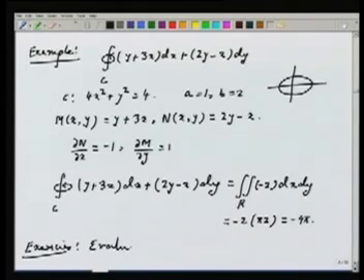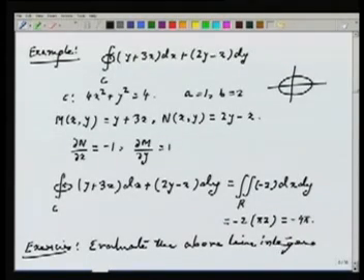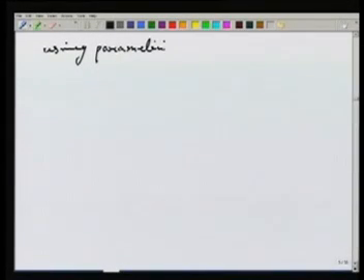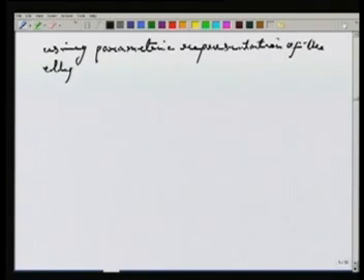Evaluate the above line integral using the parametric representation of the ellipse and verify that it is minus 4 pi.